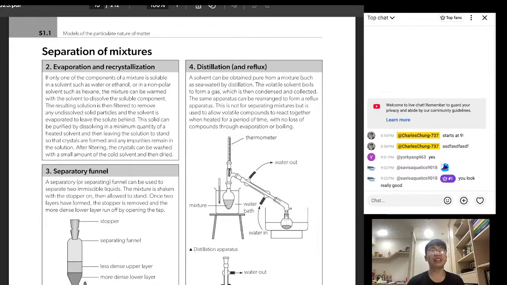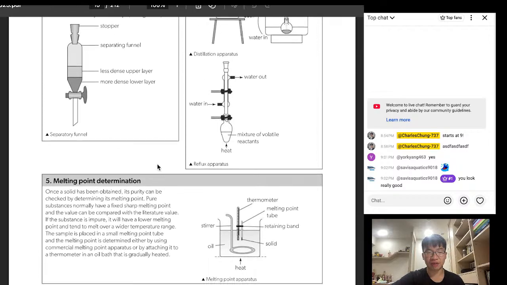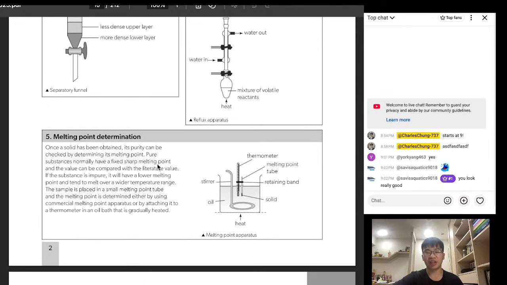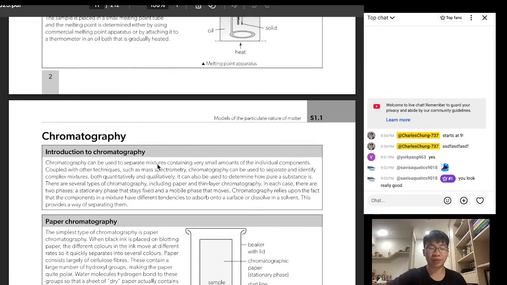This is more of a 1B thing, but there are a few you need to remember: evaporation, distillation, separatory funnels, and using melting point. You have to know how you're separating these mixtures and what property you're using. For example, with a filter you're using size. With crystallization, you're using its temperature curve, the heat.